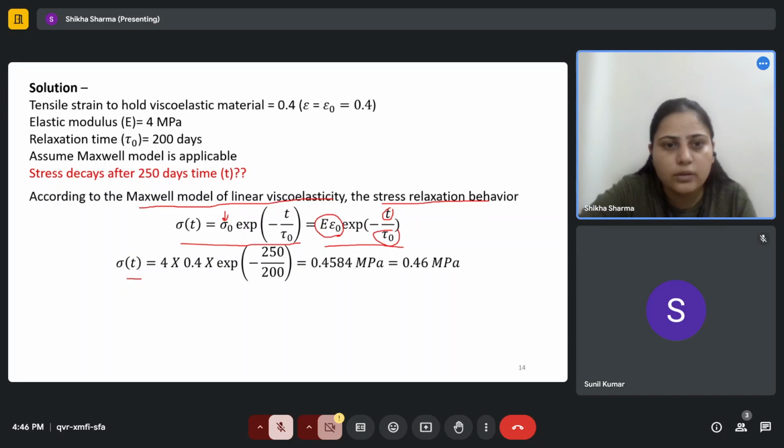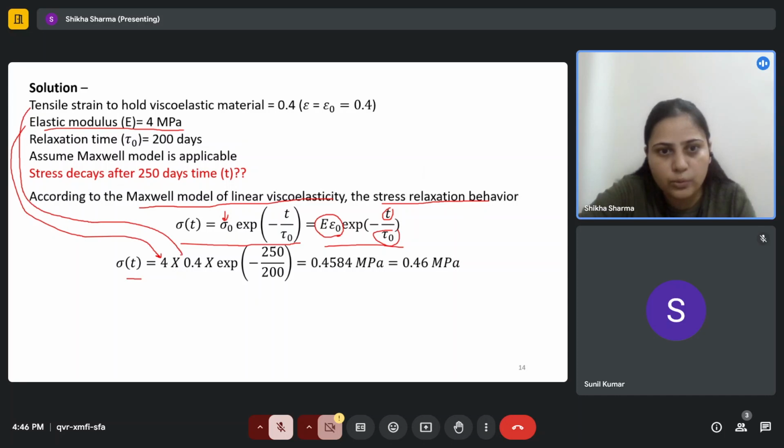We have the elastic modulus value as 4 megapascal. So we can put here 4, multiplied by the constant strain given in the question as 0.4. So we multiply 4 into 0.4 into exponential of minus t.